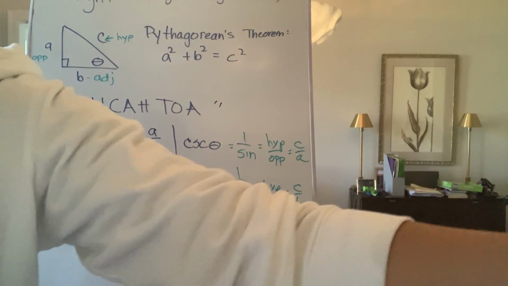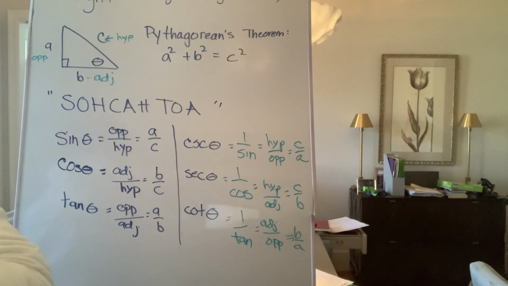All right, a couple of things I want you to think about. We commonly use two special right triangles in trigonometry, and that's the 30, 60, 90 and 45, 45, 90 triangle. In your note packet, there's a chart that shows how to find the sine, cosine, tangent, cosecant, secant, and cotangent of those two triangles.